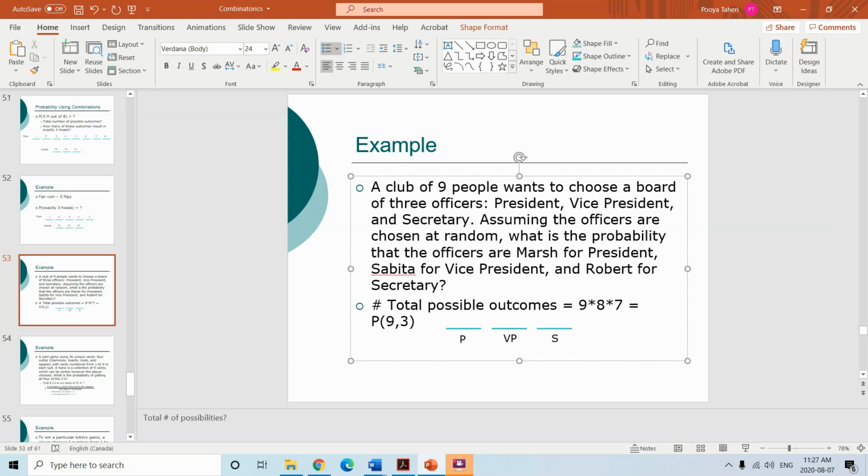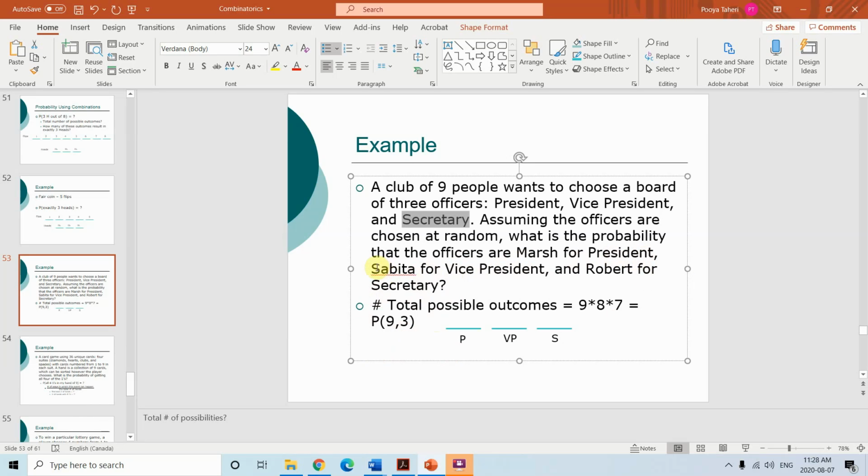If I write it in terms of permutation, it is the permutation of 3 out of 9. Why is this a permutation problem, not a combination problem? Because it matters who is going to be president, vice president, and secretary. If they didn't have any ranking, then it would become a combination problem. But because they have ranking, it becomes a permutation problem. Out of these total possible outcomes, how many desirable options do we have?